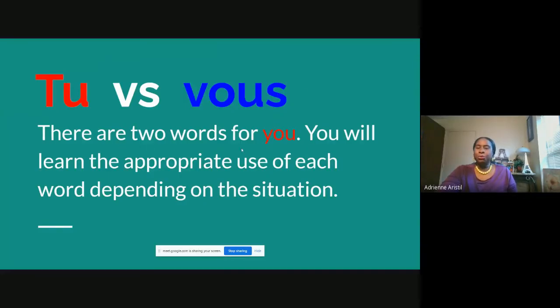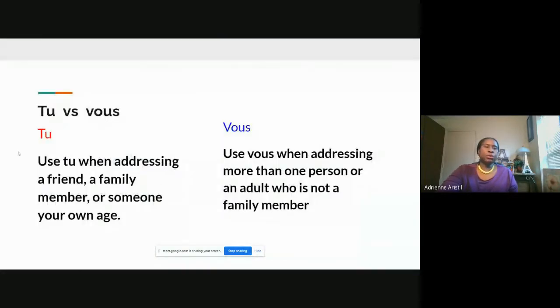Tu versus vous. There are two words for you. You will learn the appropriate use of each word depending on the situation. You use tu when addressing a friend, a family member, or someone your own age.